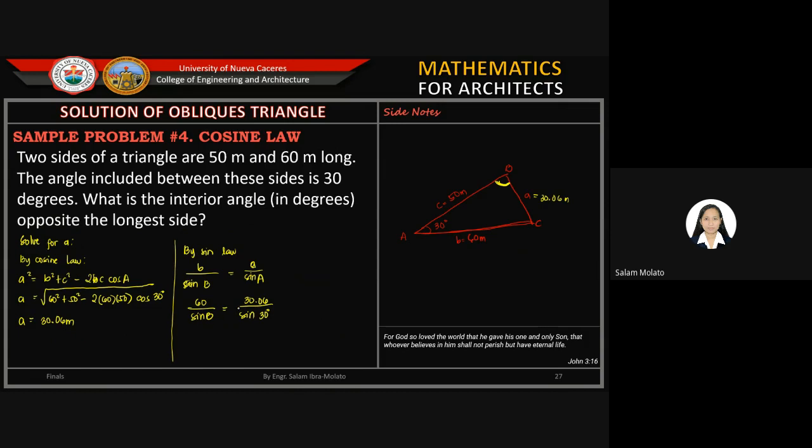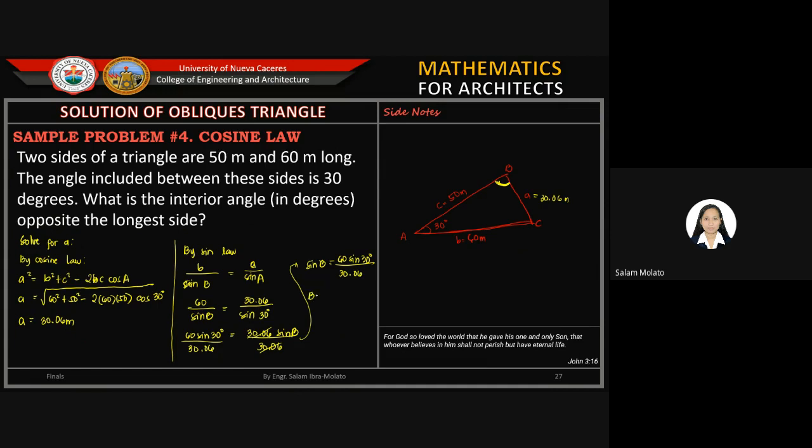Solving for sine B by cross multiply. So we have 60 sine 30 degrees is equal to 30.06 sine B. Isolating sine B, we divide both sides by 30.06. So makakancel yan. Sine B therefore is equal to 60 sine 30 degrees over 30.06.